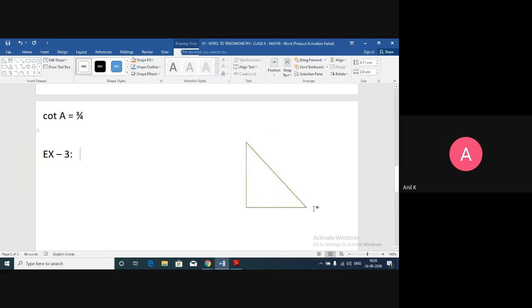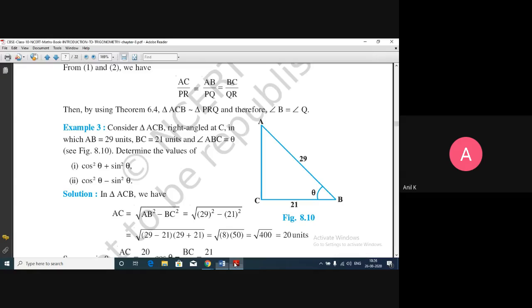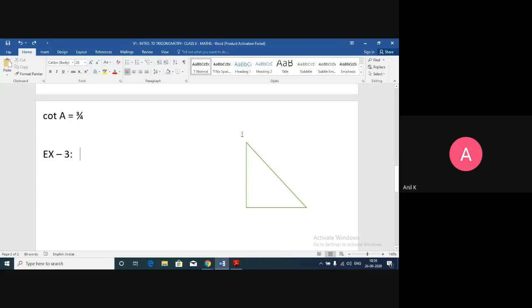A is here, C is here, and B is here. This value is given as 21 and the hypotenuse value is given as 29.